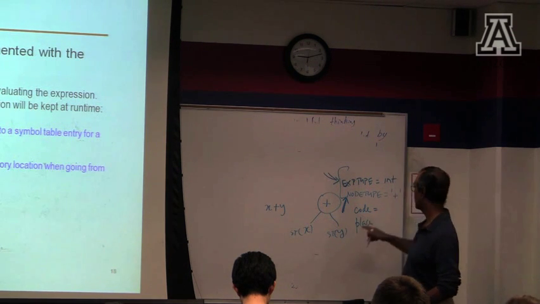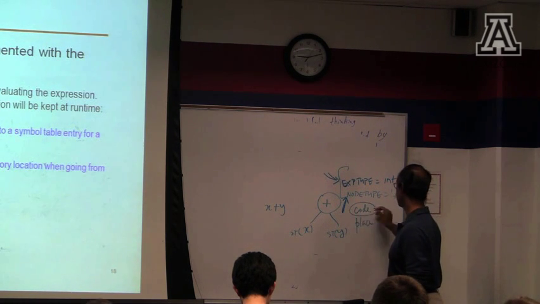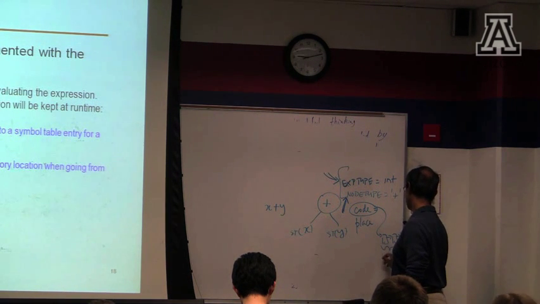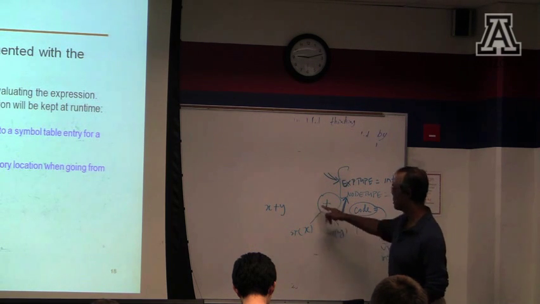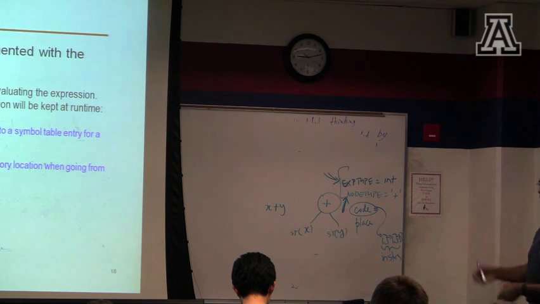Just a quick preview of what's coming. The code field points to a list of instructions that will evaluate this expression. This is a small expression, so it'll look like a single instruction that says add x to y.